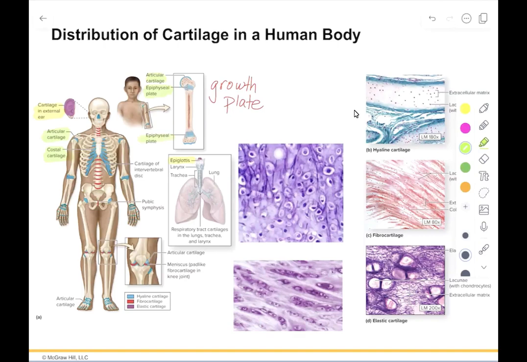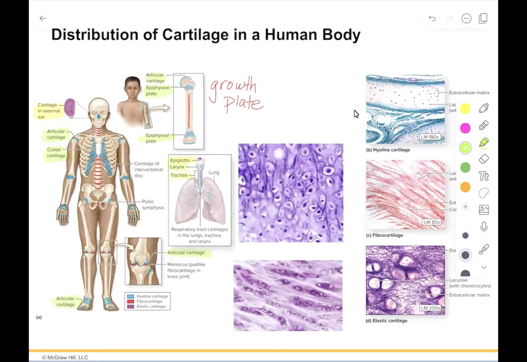So we can see the epiphyseal plate on the distal end of the humerus shown in this example. Other examples of hyaline cartilage include the articular cartilage shown in the knee joint here, in the ankle region, in the larynx, as well as the trachea.